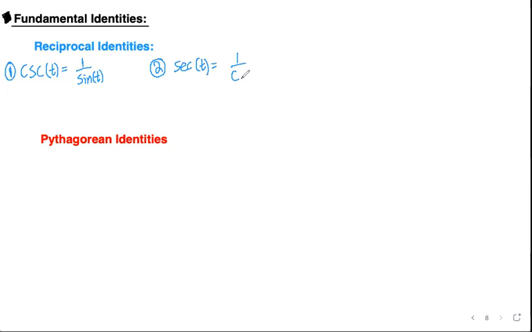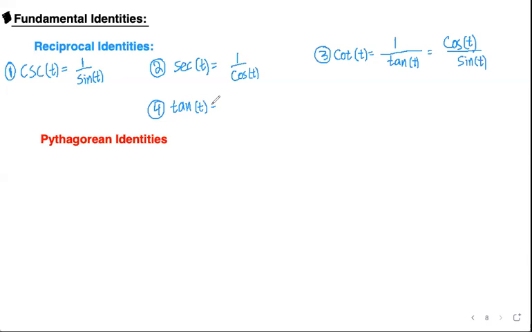Number 3, cotangent of t is equal to 1 over tan of t, and this also equals cosine of t over sine of t. Number 4, tan of t is equal to sine of t over cosine of t. This is the reciprocal.